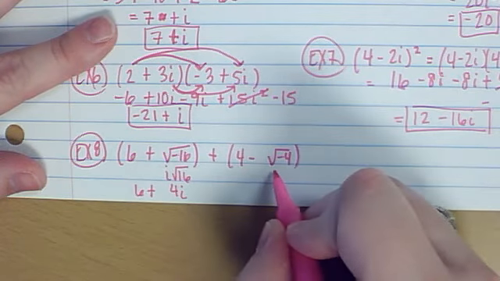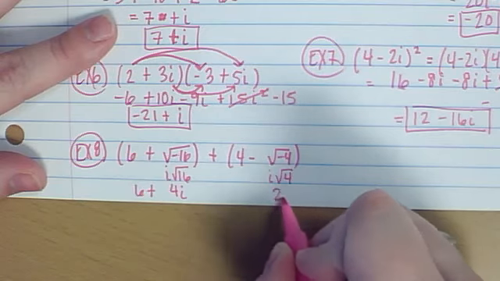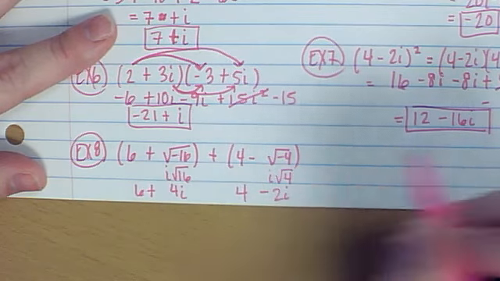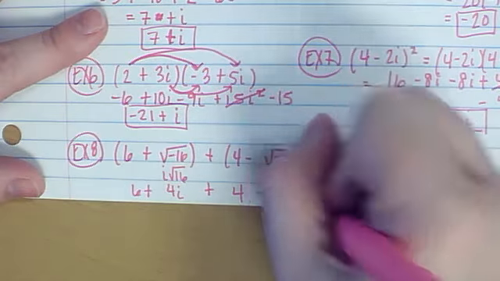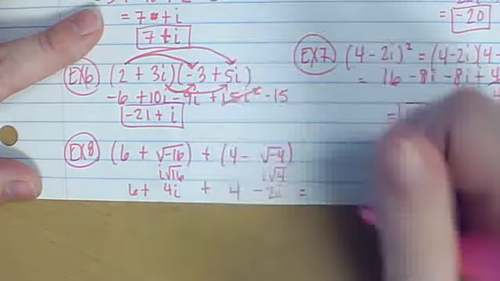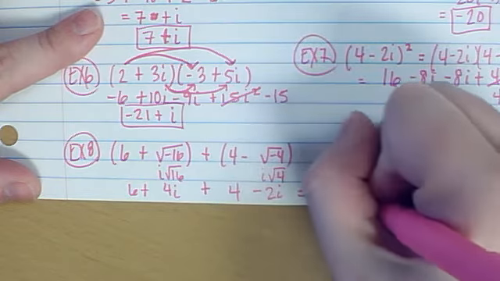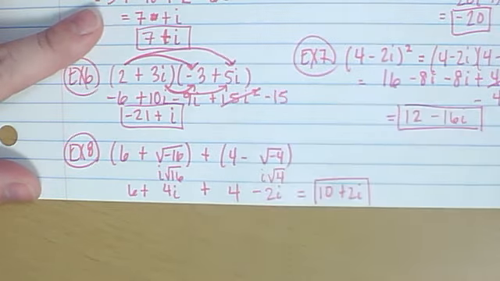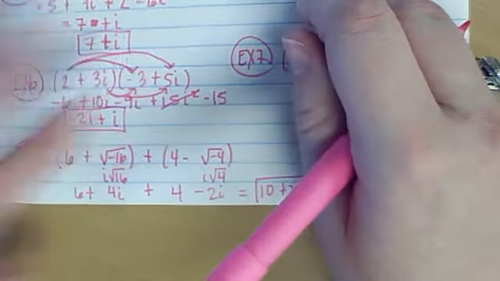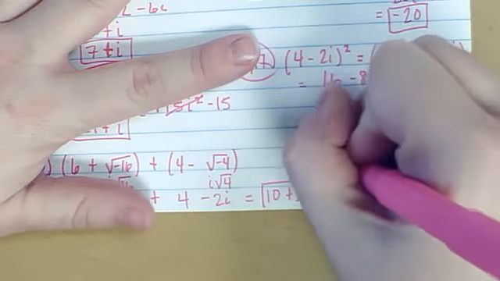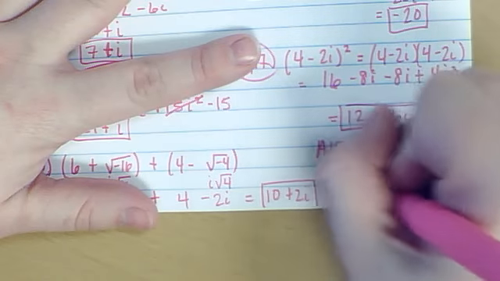So here this is i square root of 4, square root of 4 is 2, so this becomes 2i. So I have 4 minus 2i, and then bring that plus down. Combine your like terms, so the real number is 6 plus 4 is 10. Imaginary number is 4i minus 2i is positive 2i. And there's our answer.